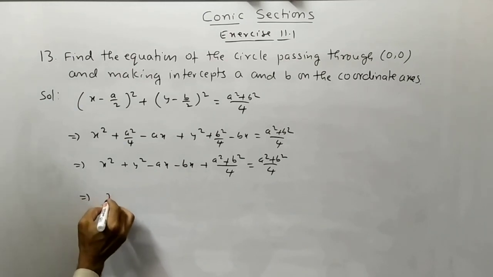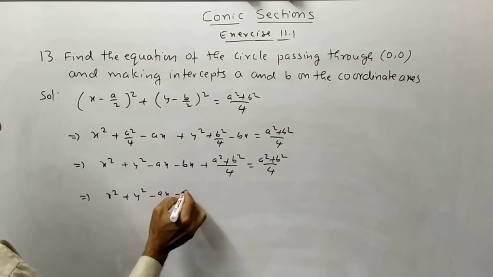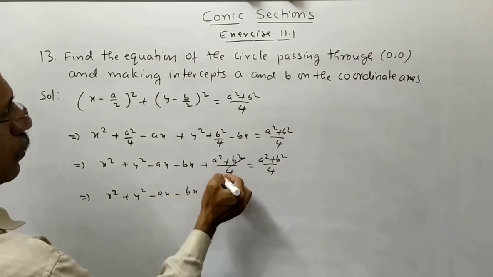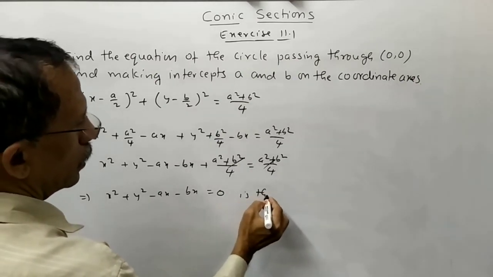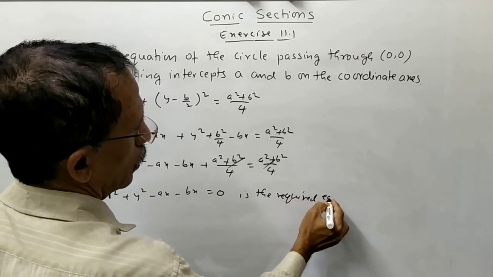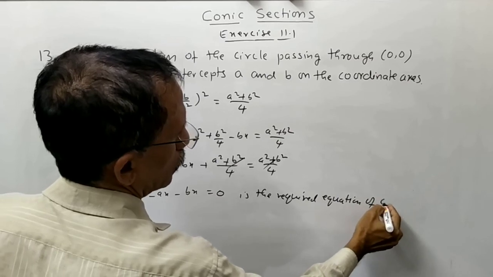This implies x square plus y square minus ax minus by is equal to 0, is the required equation of circle.